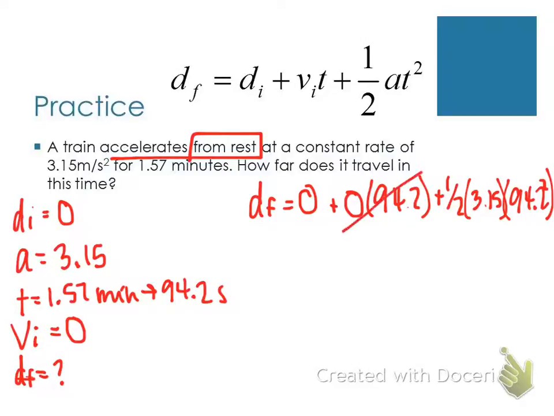Anything times 0 is 0, right, so we don't have to include that. It's easy enough, right? 0.5 times 3.15 times... Half of them are zeros. That's right, when half of them are zeros, it does make it a little easier.